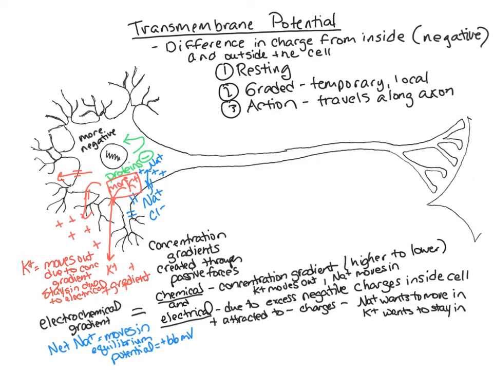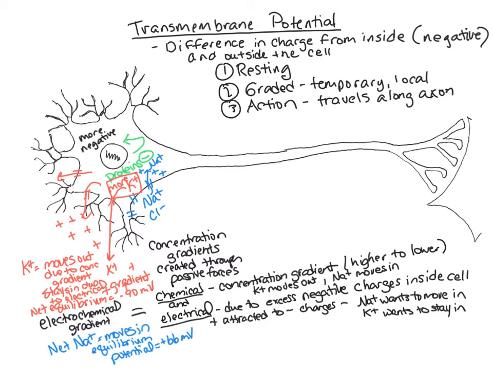However, when we look at the net equilibrium potential for potassium, if the cell membrane were freely permeable to potassium, an equilibrium potential of negative 90 millivolts would be reached, where there would be no net movement of potassium after that.